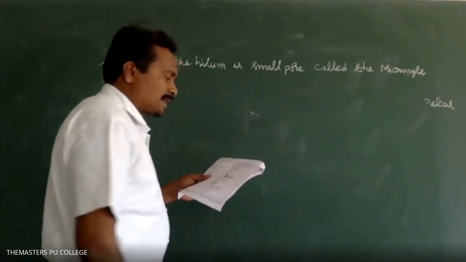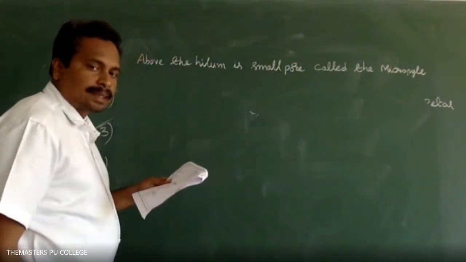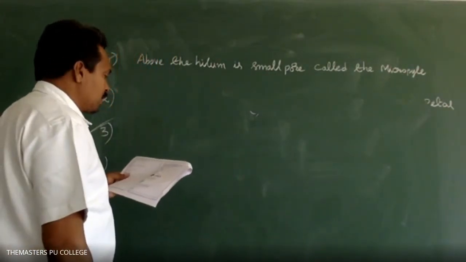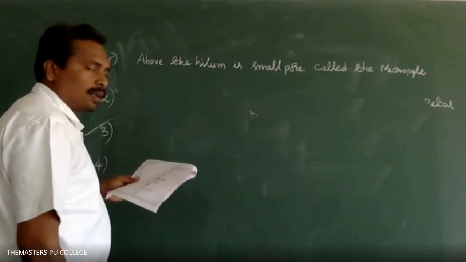Identify the incorrect statement about dicotyledonous seed. The first option: above the hilum is a small pore called the micropyle.